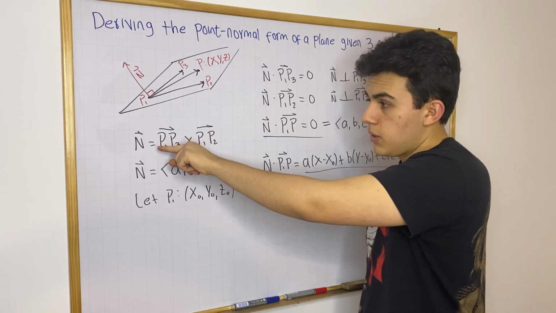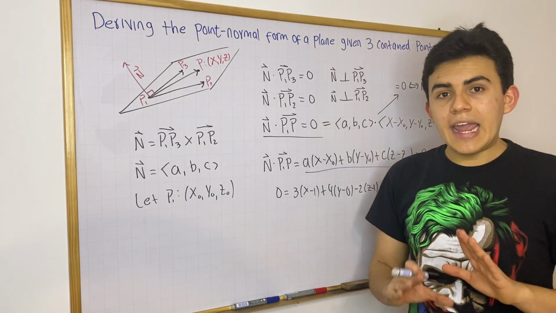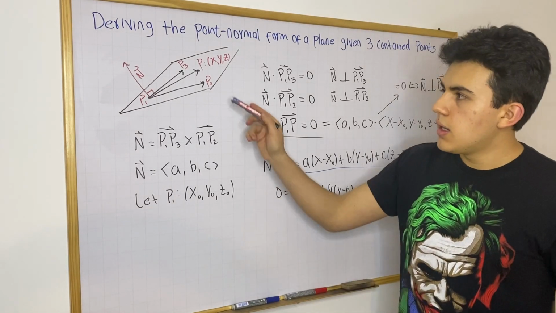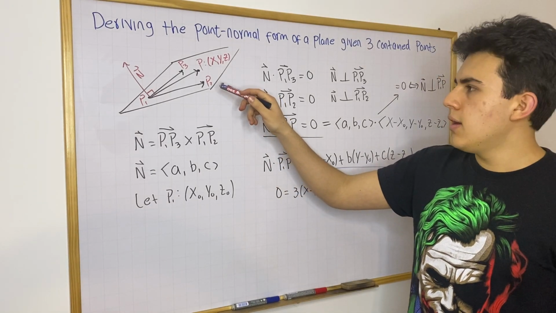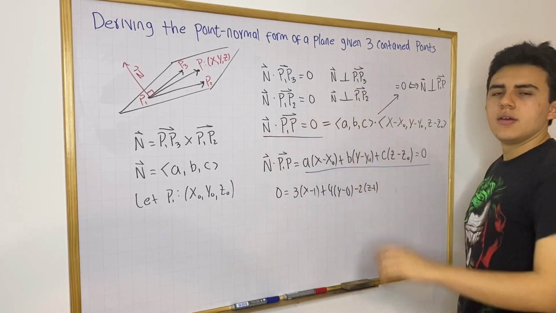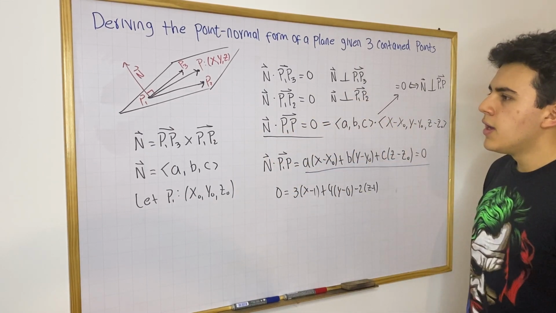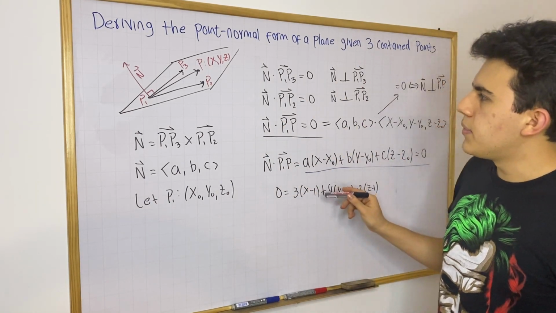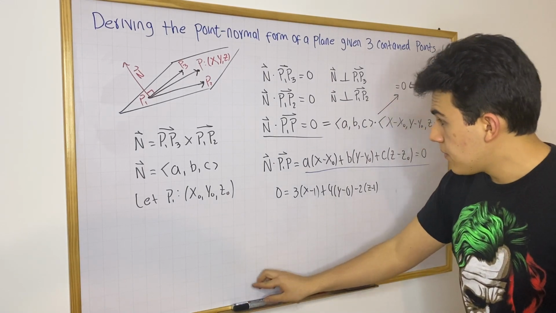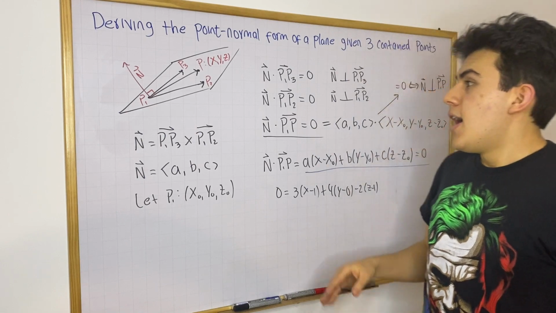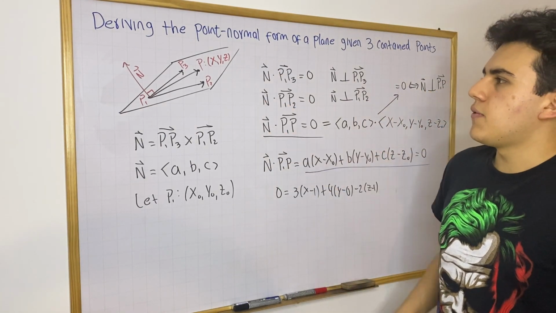Now you have the normal to the plane, and you just need any point, any x naught, y naught, and z naught contained in the plane, okay? Then you put the components of n here, you put the coordinates of the point here, and that way you don't have to derive this entire thing and use this long line of reasoning, okay? But yeah, this is pretty much how it works. This is very nice. I think this reasoning is very cool.